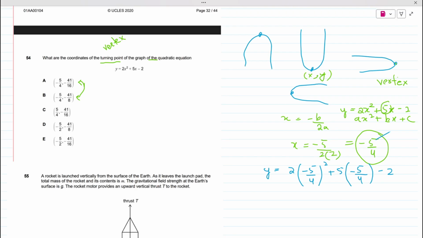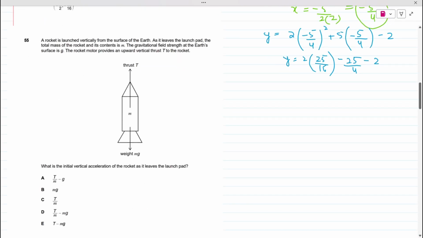So y is equal to 2 times 5 5s are 25, minus minus would be converted into plus, so no need to write the sign now, and 4 4s are 16, right? Plus, now plus minus is basically minus, and 5 5s are 25 by 4, minus 2. We have solved until here.